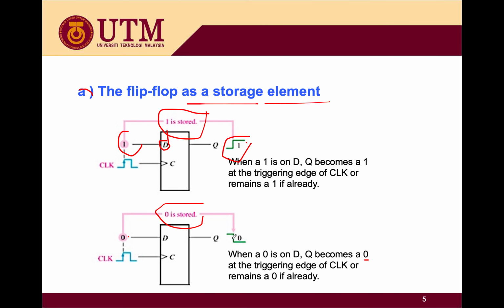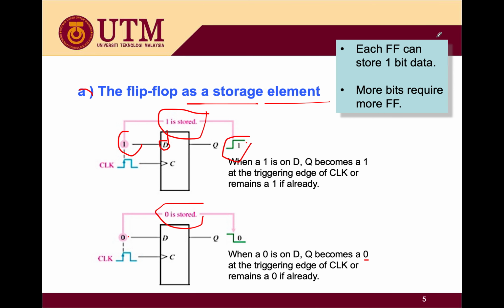It depends on your clock, but it will store the value first, then it will come out when the edge of the clock triggers. Each flip-flop stores 1 bit of data. If you want 2 bits, then you need another flip-flop and so on.